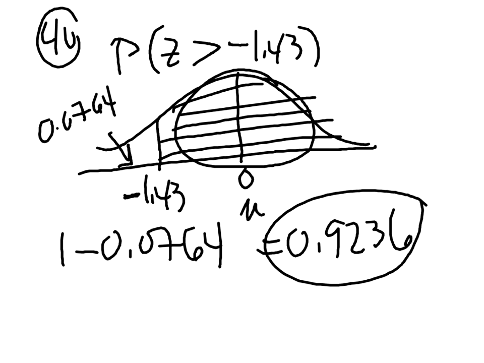Okay. The next one I wanted to do is number 42. These are important questions because they ask us to go backwards. Now, they gave us the situation in number 42, but they could have given it to us in words.